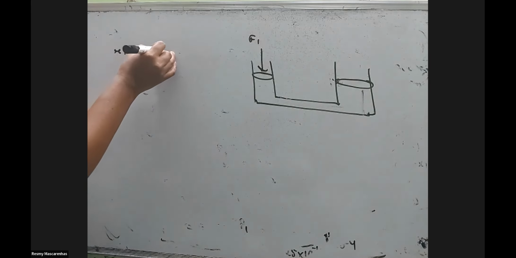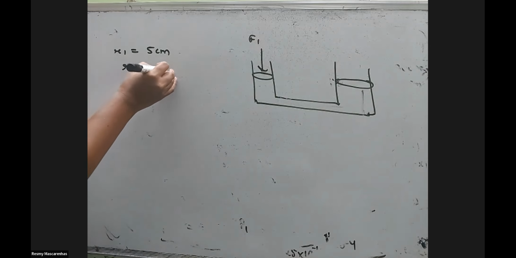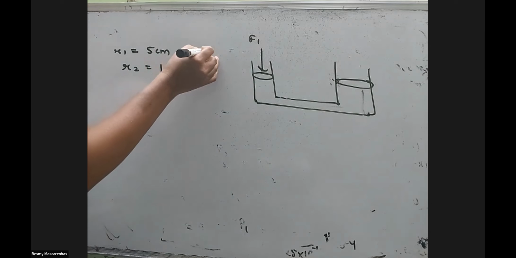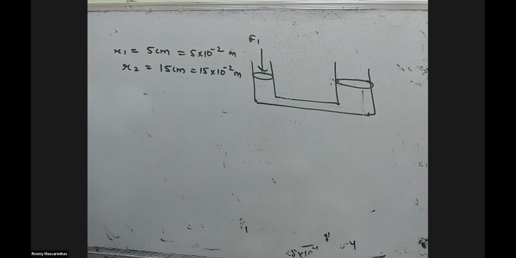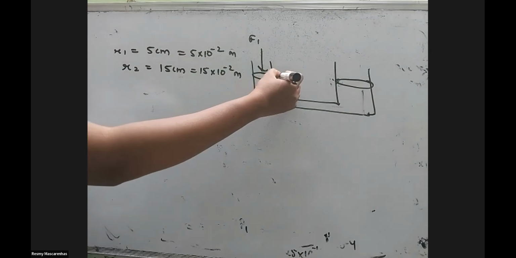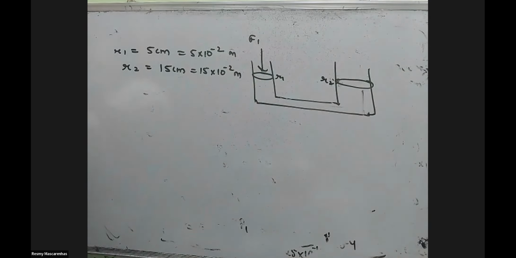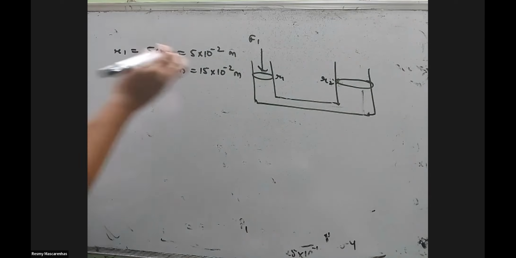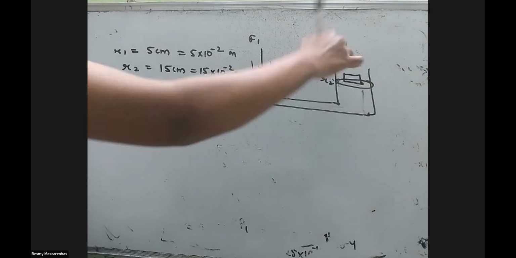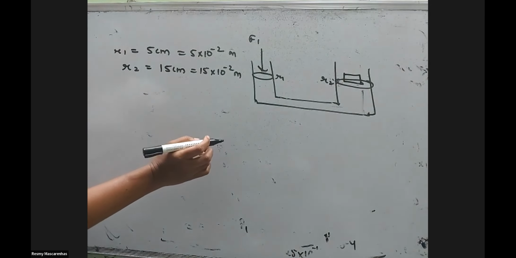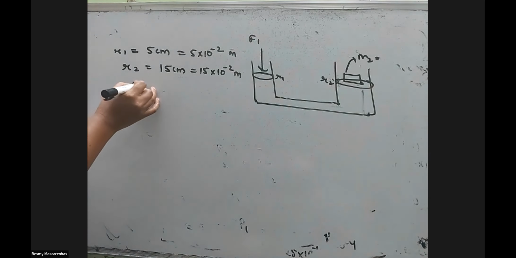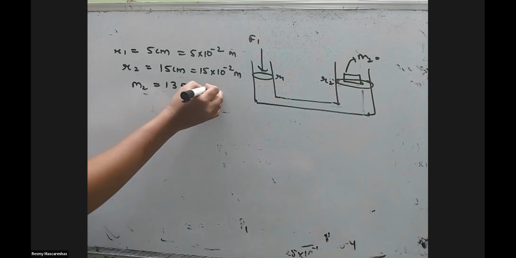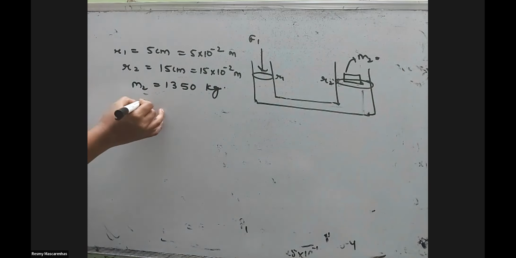R1 is given as 5 centimeter. R2 is given as 15 centimeter. Convert it into meters. So this is R1, this is R2. The mass load is always here, the lifting part is always on the second side. So load M2 is given as 1350 kg. What is F1?